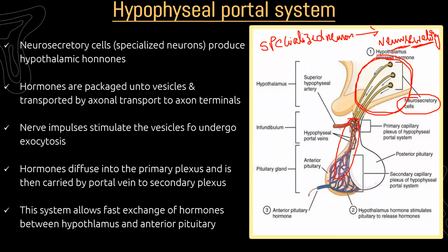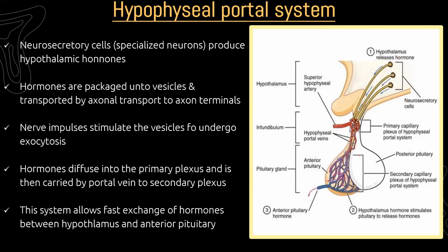What are those? The hypophyseal portal system, which is nothing but arteries and veins, which are blood vessels. Through those blood vessels, whatever hormone is synthesized in the hypothalamus moves very easily into the posterior pituitary and gets stored there. They just store, that's all.